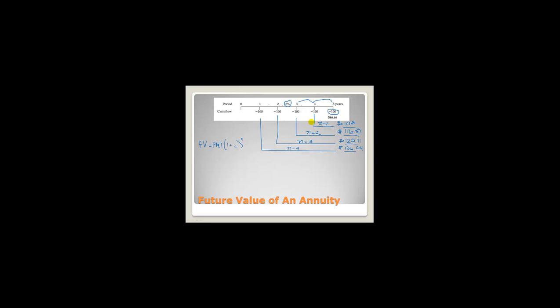Now, I want to caution you on something. When we add all these numbers together, we need to make sure that we include this 100 as well, because just because we're not earning any interest on this 100 right here doesn't mean we're not going to include it in the annuity payout.